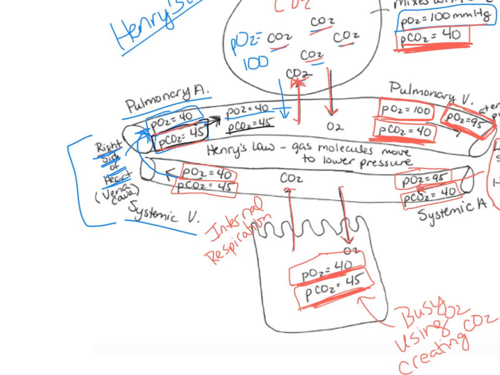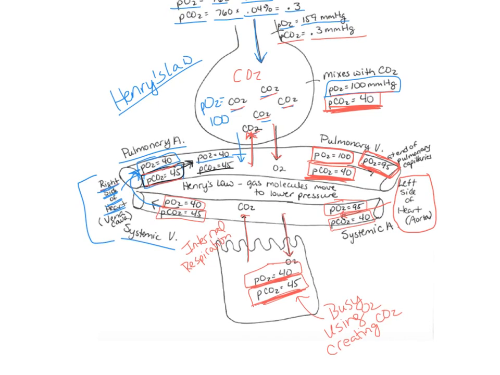It's just being transported. And then we go around and around again. And we keep going around and around, picking up oxygen at the lungs, dropping off oxygen at the tissues. Picking up carbon dioxide at the tissues, dropping carbon dioxide off at the lungs. And it just keeps going round and round like that.